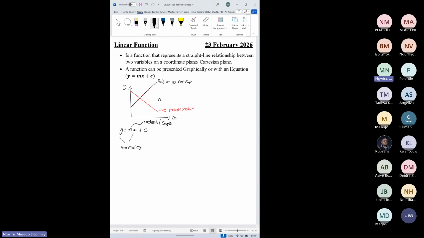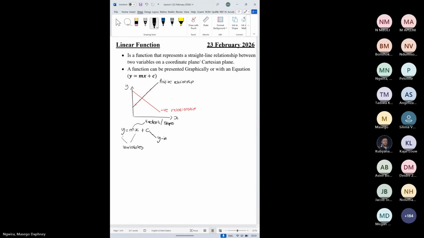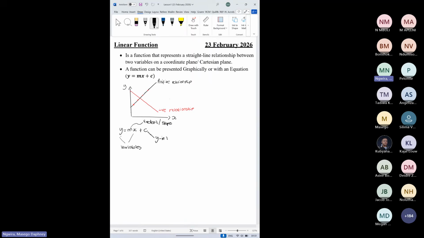Sometimes you'll see that the graph doesn't start here, it starts here. So the slope affects your graph. And then we have c. The special name for c is the y-intercept. So c is your y-intercept.